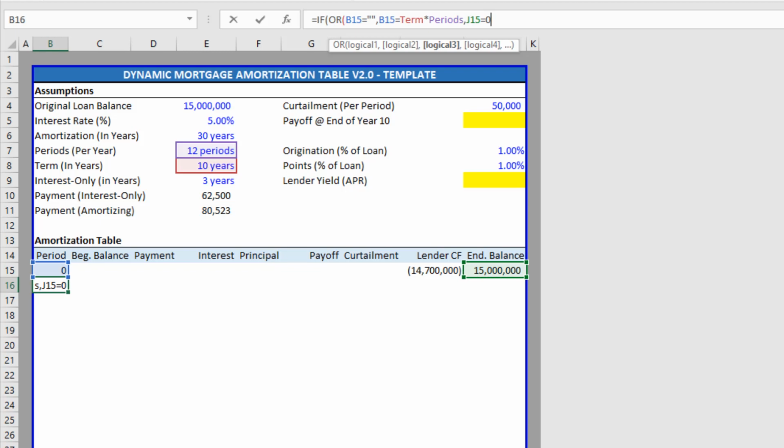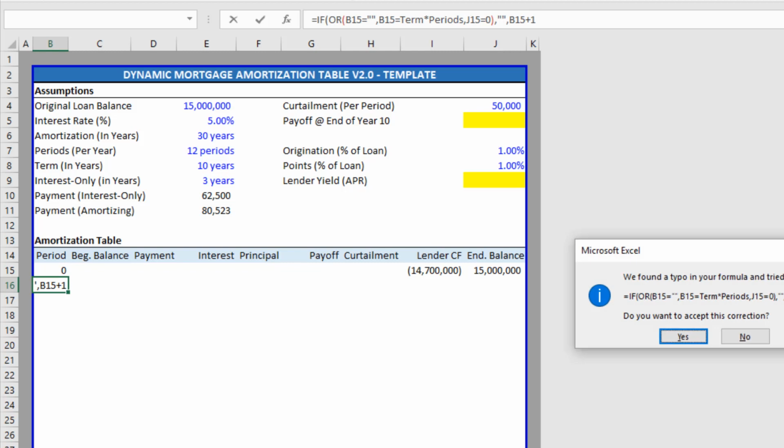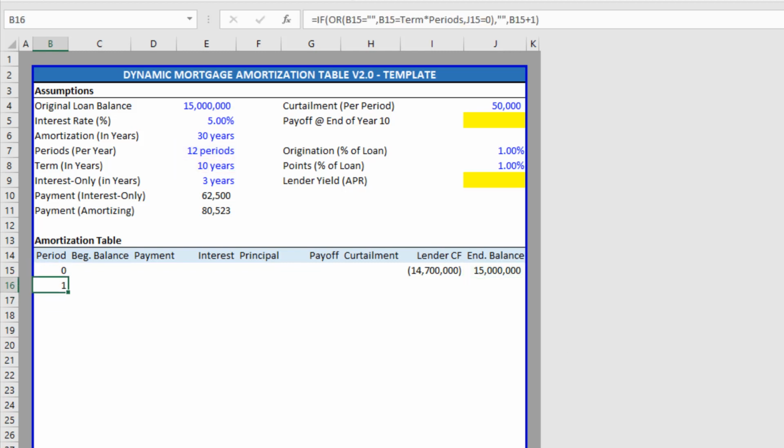If any of those things are true, so close parentheses on the OR logic statement, then we want to just output a blank cell. Otherwise, we want to take the previous period and add 1 to it. And that gives us now period 1.